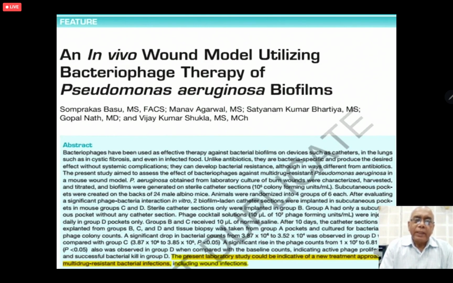So we conducted an in vivo wound model utilizing bacteriophage therapy of Pseudomonas aeruginosa biofilm.